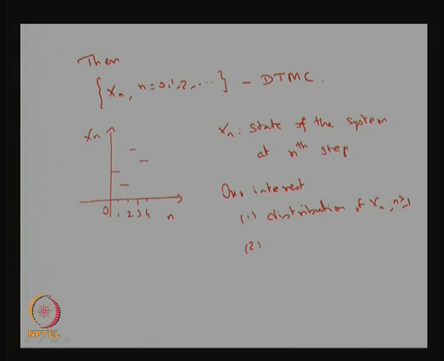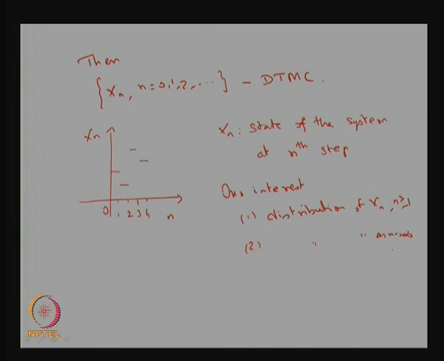The other is the distribution of X_n as n tends to infinity. So both at any finite n and as n tends to infinity will be of our interest.